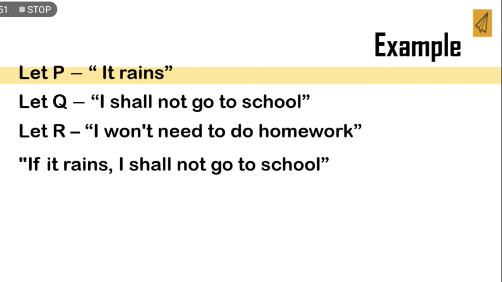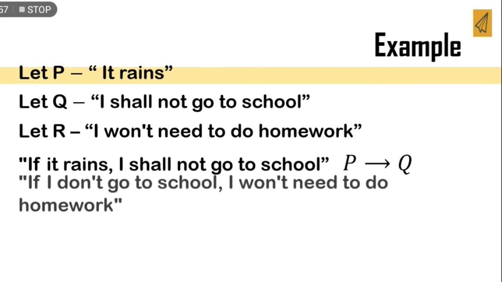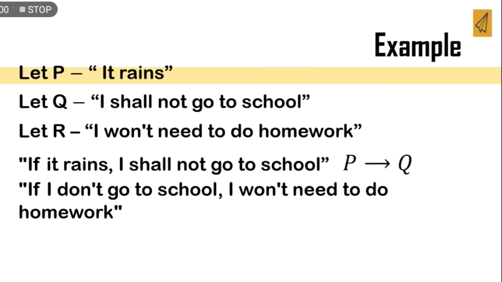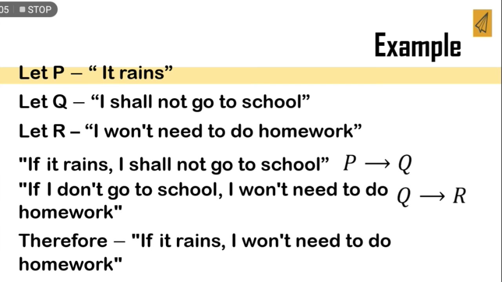If it rains, I shall not go to school. That's our P then Q. If I don't go to school, I won't need to do homework. That's our Q then R. Therefore, if it rains, I won't need to do homework. That's P then R.